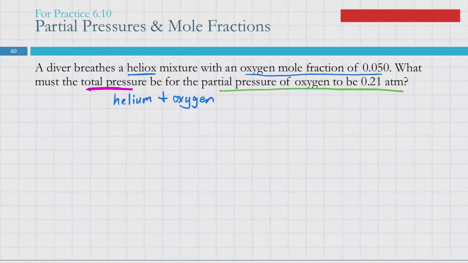Does anyone remember what our symbol for mole fraction is? What it looks like? It looks like an X. So our mole fraction of oxygen is 0.050, and our partial pressure of oxygen is 0.21 atmospheres.